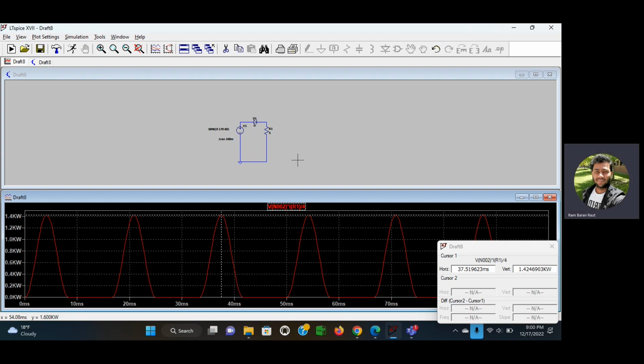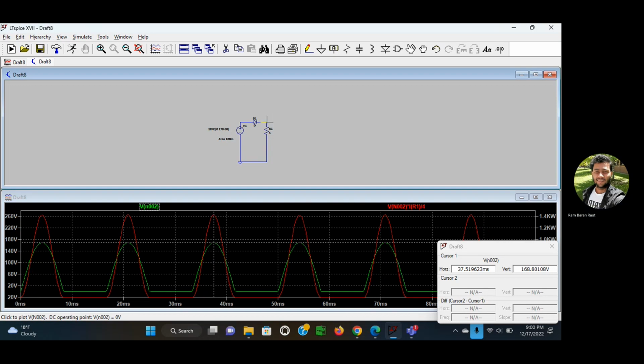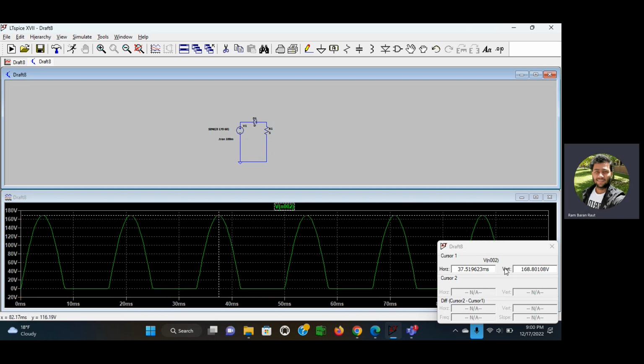Or in other words, in another method, we can utilize the RMS voltage. For example, we have voltage over here 168.8.